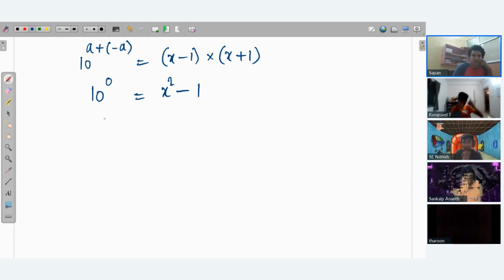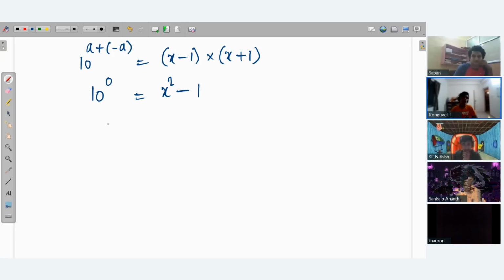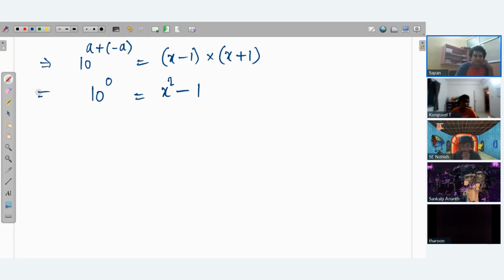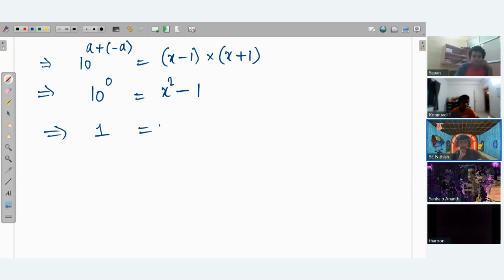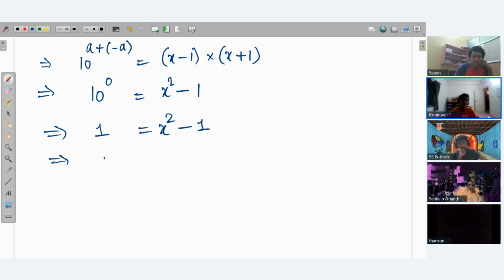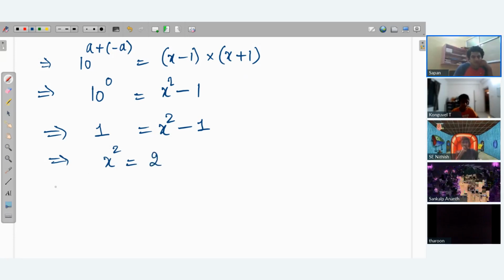What is 10 raised to the power 0? 10 raised to the power 0 is 1. Sir, then it is root 2, sir. It is root 2, but not only root 2. Minus root 2 also. Negative root 2 also.